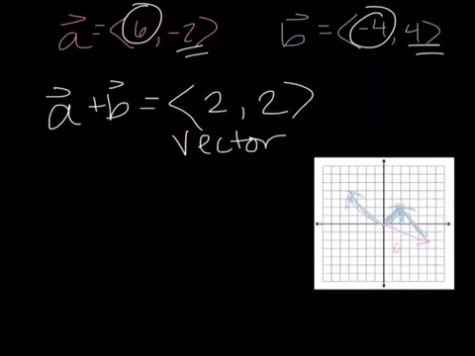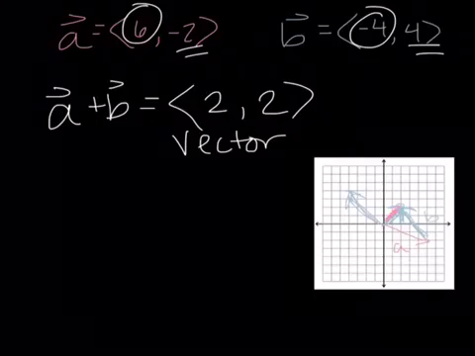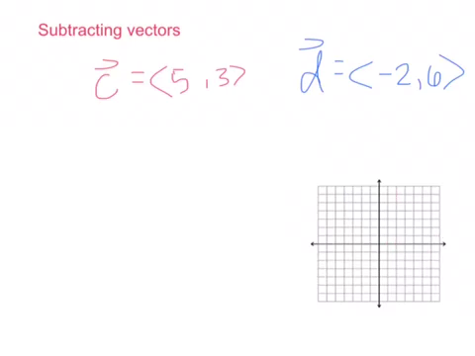So this is vector A, this is vector B, and this one right here is vector A plus B. So adding vectors, remember when you do it algebraically, all you do is add the horizontal components together and then add the vertical components together.